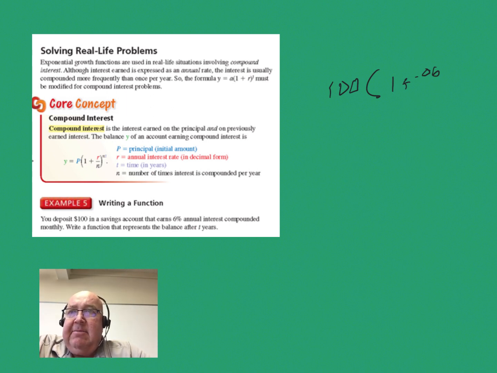N is the number of times that the interest rate is paid. R is the interest rate. N is the number of times interest is compounded per year, and t is years. So this is 6% compounded monthly, so that is 12. And then out here we'll have 12t.